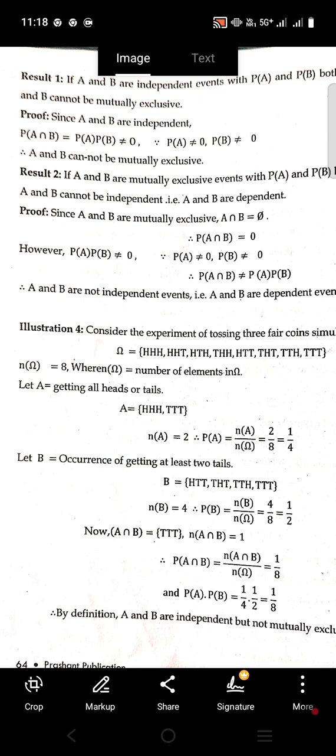And now A intersection B, that is, the common outcome is only TTT.